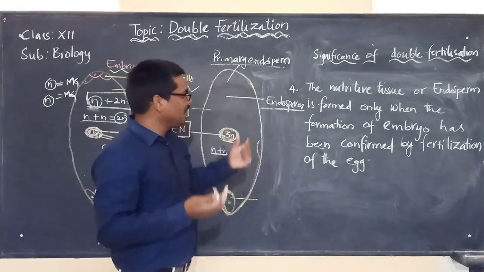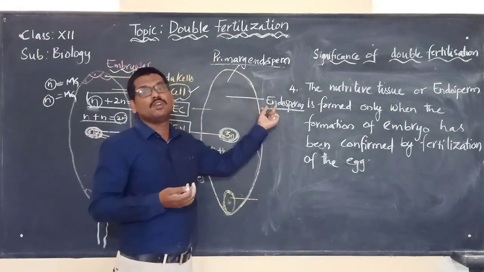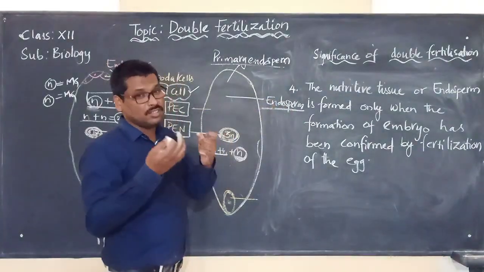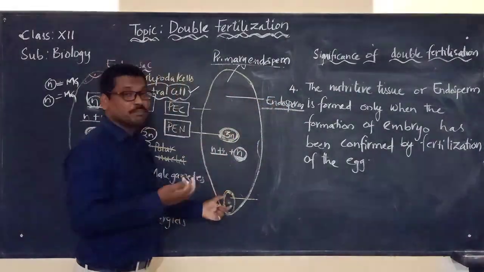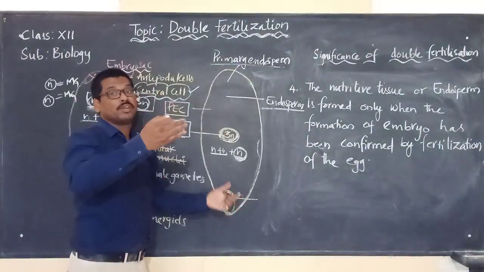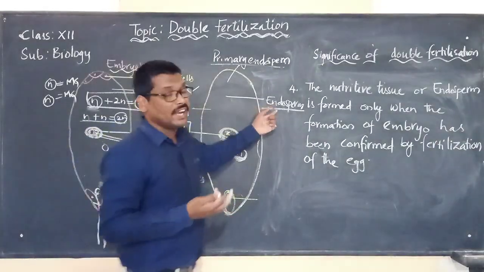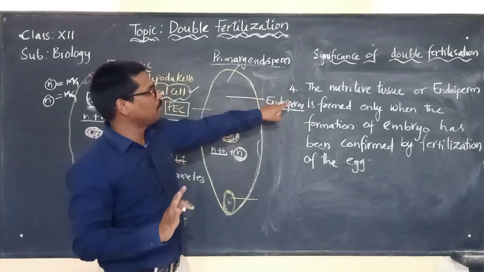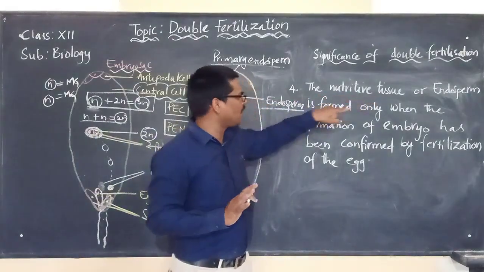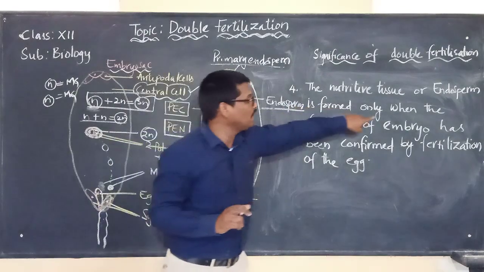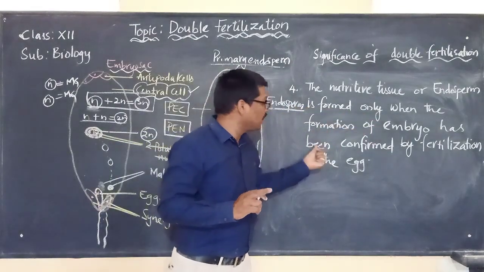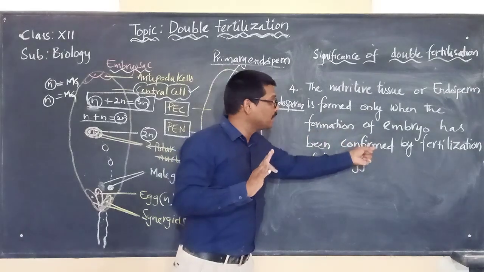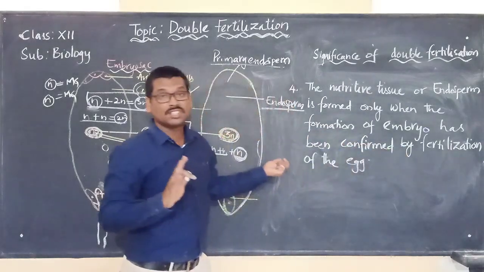So then only there will be formation of endosperm. This endosperm, which is rich in nutrients, will be used by the developing zygote into embryo, and the embryo will be using all that endosperm for its growth and development. So we have to remember that the nutritive tissue or endosperm is formed only when the formation of embryo has been confirmed by fertilization of the egg.